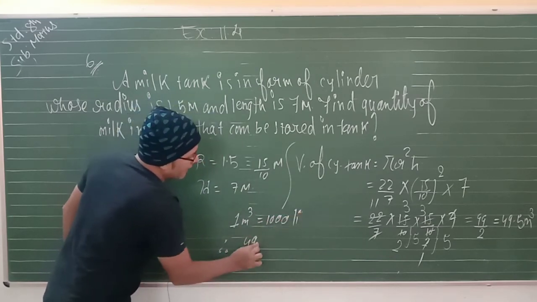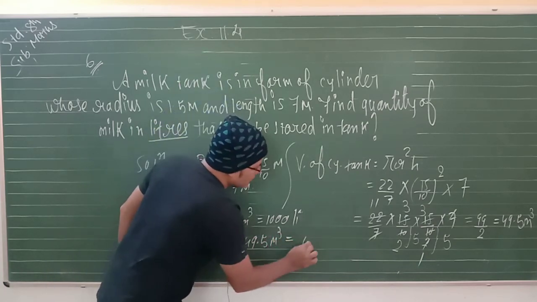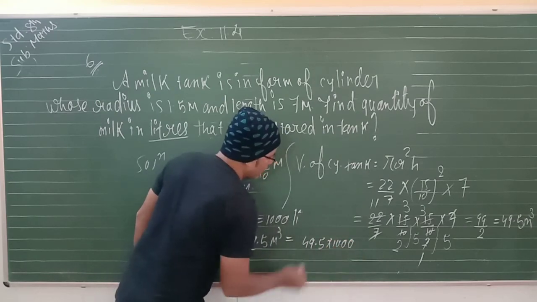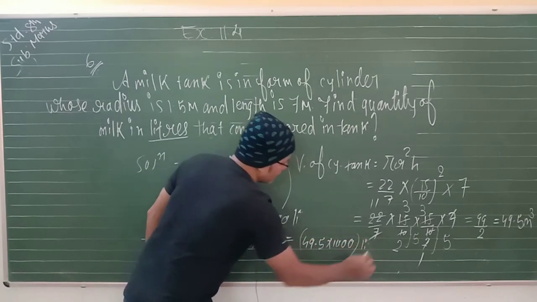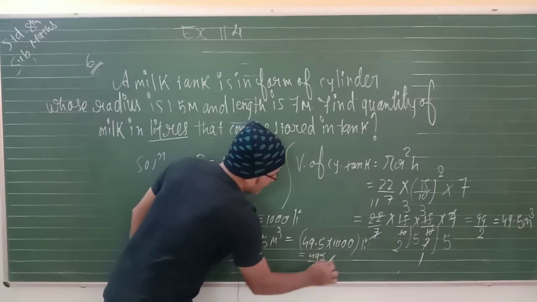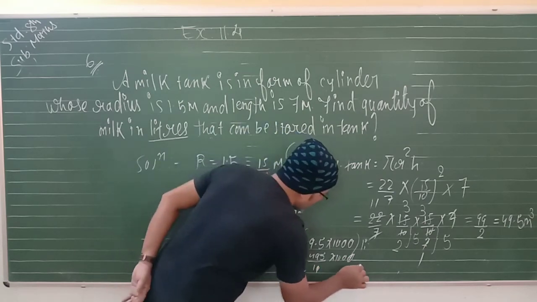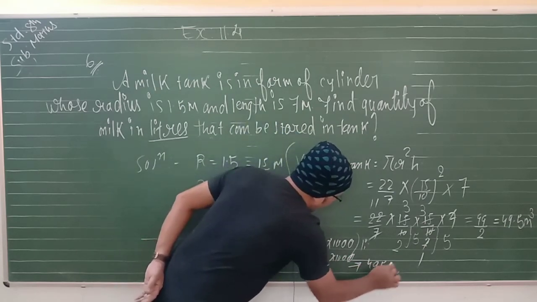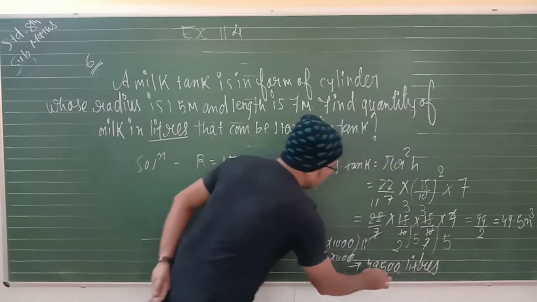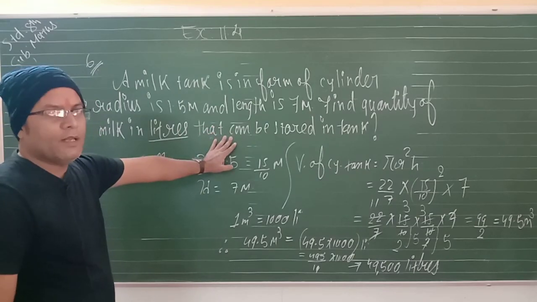Therefore 49.5 meter cube is equal to 49.5 into 1000 liters is equal to 495 upon 10 into 1000, 00 cut. So 49,500 liters, 49,500 liters milk can be stored.